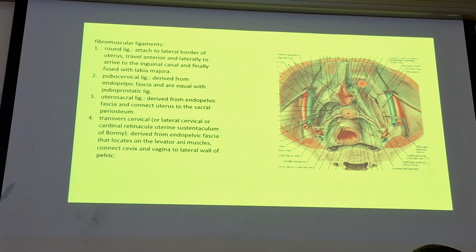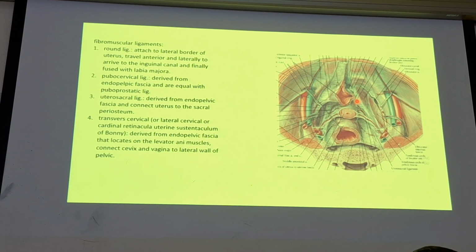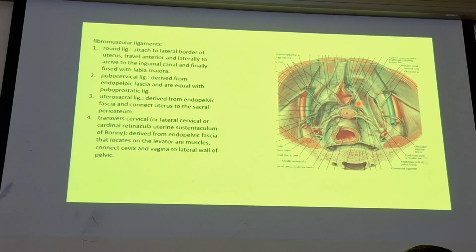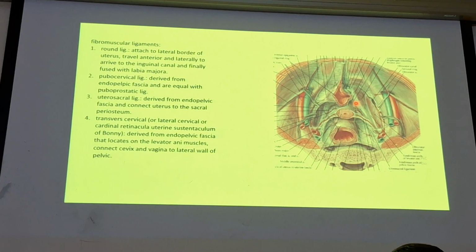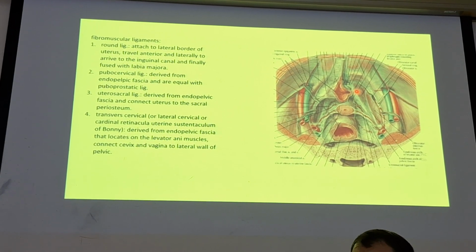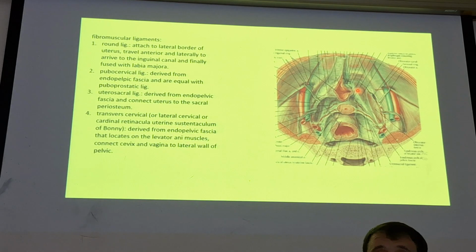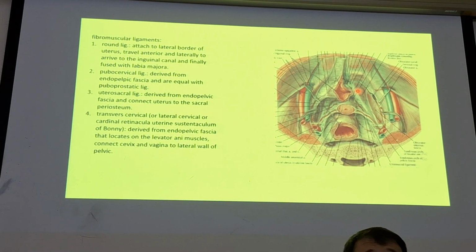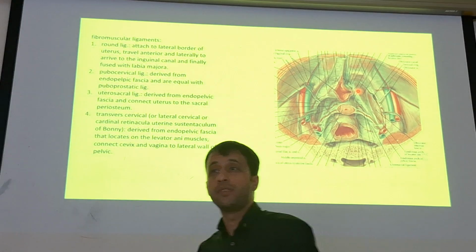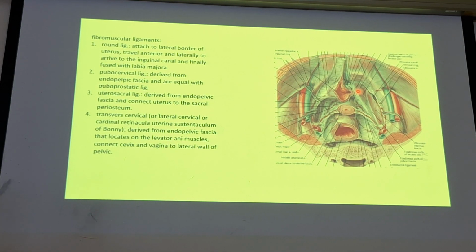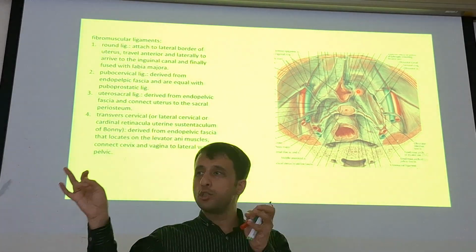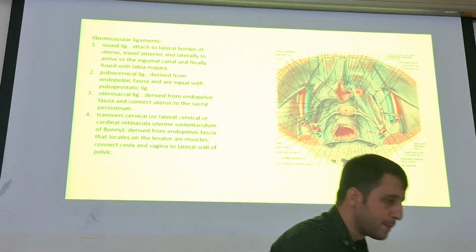This is the thick area of the endopelvic fascia from pubic bone to cervix. Pubocervical is equivalent to puboprostatic. What is puboprostatic? In the male it attaches the pubic bone to the anterior surface of the prostate. The equivalent of puboprostatic is pubocervical.